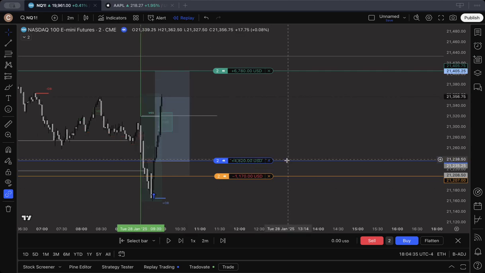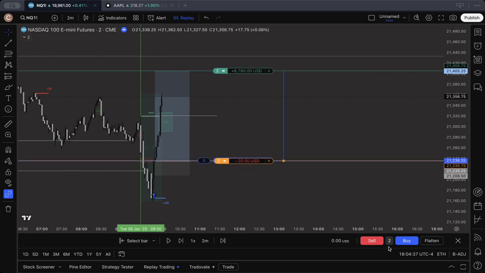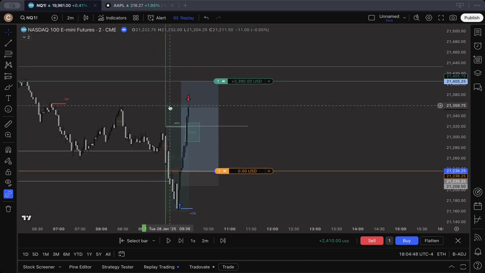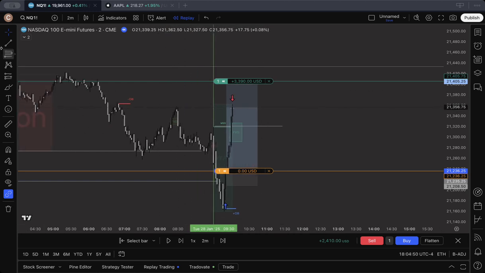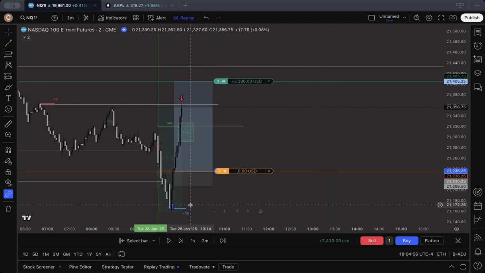Okay, let's take profit 1, stop loss break even, sell 1. New York High. We hit this order block right here, so I'm curious to see how we play off this, but we already secured our profits from there.